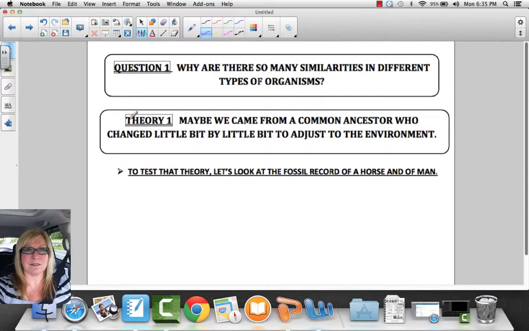So to test that theory, let's look at the fossil record of a horse and a man. So let's define fossil, which is remains of an organism preserved over time.